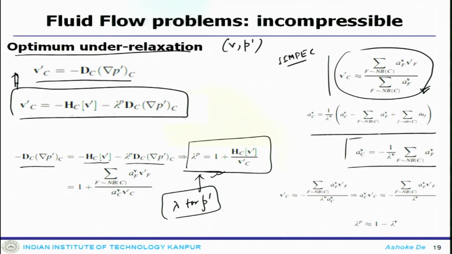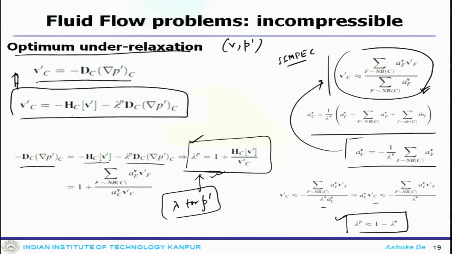Now if you substitute this equation in the velocity corrections approximation here, you get Vc prime equals a b by lambda, from where you get lambda p equals 1 minus lambda b. So what people have seen is that the SIMPLE algorithm with its under-relaxation factor satisfying this equation behaves similarly to the SIMPLEC algorithm. So that's an optimum lambda calculation for the SIMPLE algorithm, which can behave like a SIMPLEC algorithm.